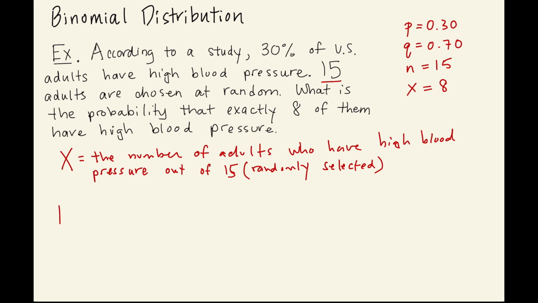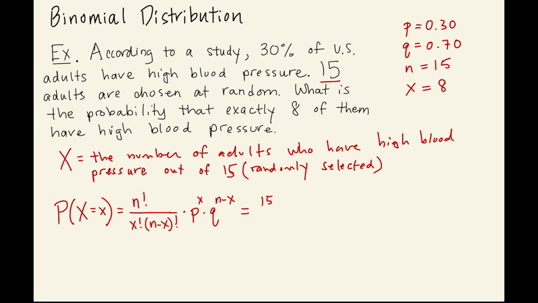So remember the binomial probability formula looks something like this. The probability we have X successes is equal to N factorial over X factorial times N minus X factorial, and we multiply that by P to the X times Q to the N minus X. So in our case, this would be 15 factorial for 15 trials, divided by 8 factorial times 15 minus 8 factorial.